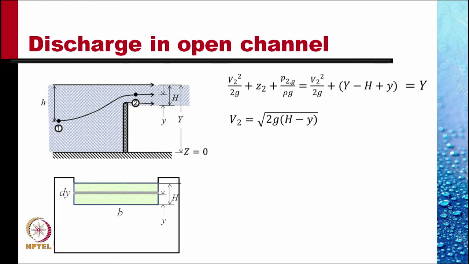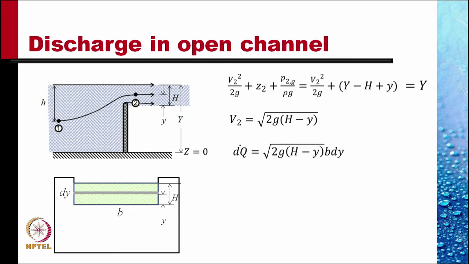We can find the discharge by considering the flow rate through this jet of width b, height capital H. We consider a small slice of thickness dy at height y. We have obtained the velocity V2 here.